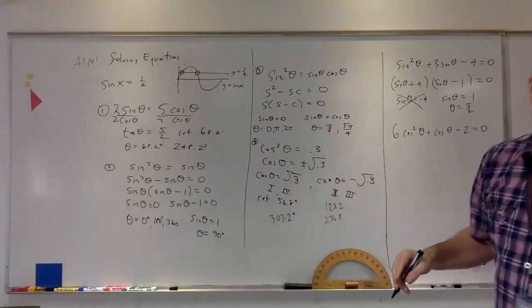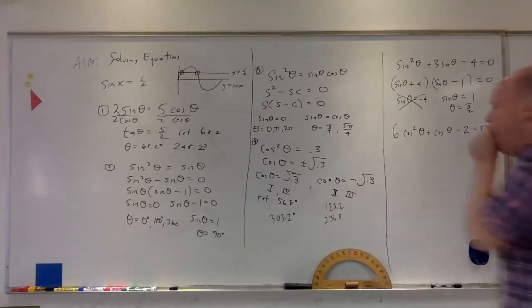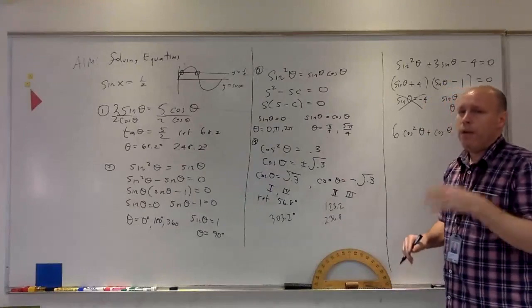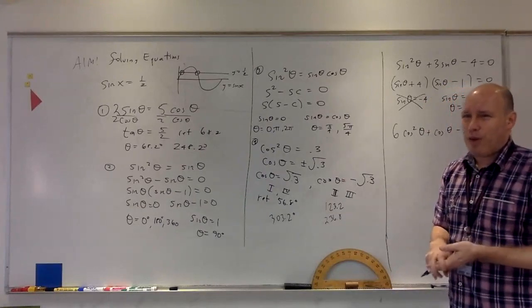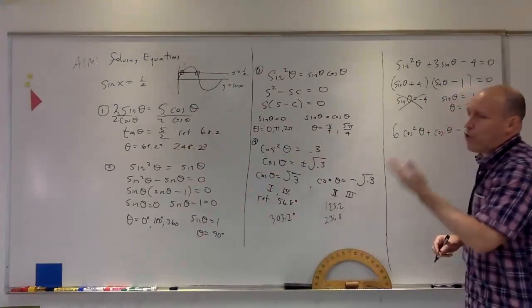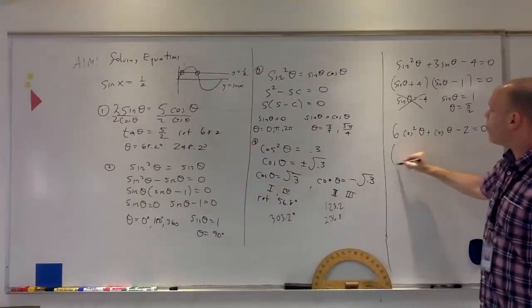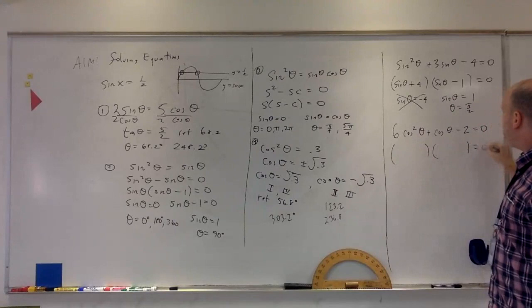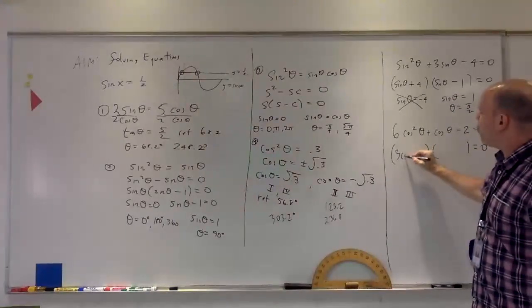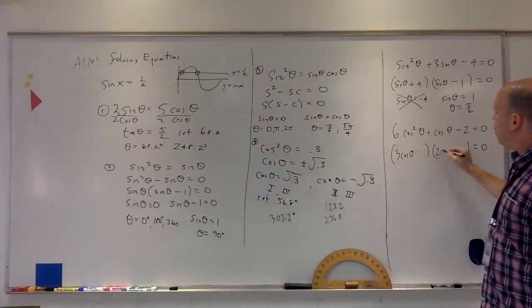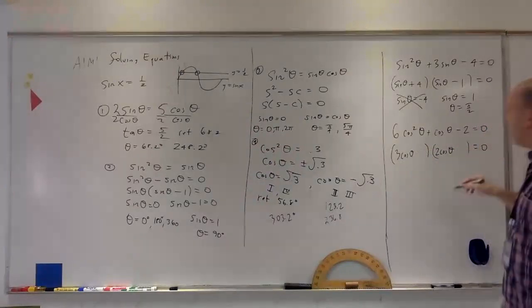This is eventually going to be a part 2 question, but imagine the first part is part 1. So you're like, okay, I can factor this. See if you can factor it. Probably, we know it's 3 cosine theta and 2 cosine theta.